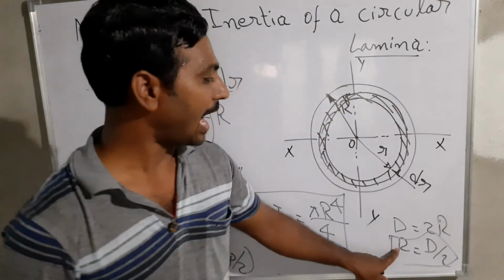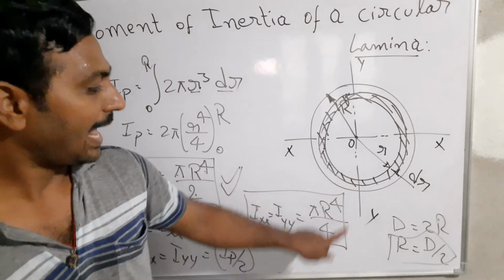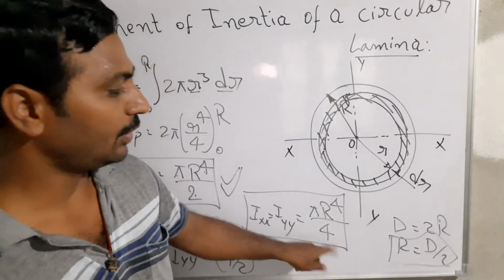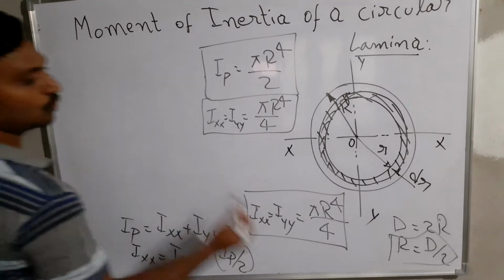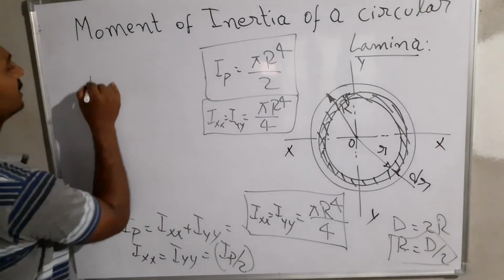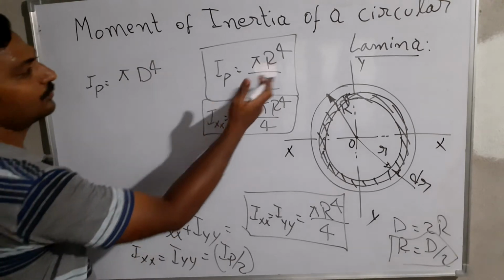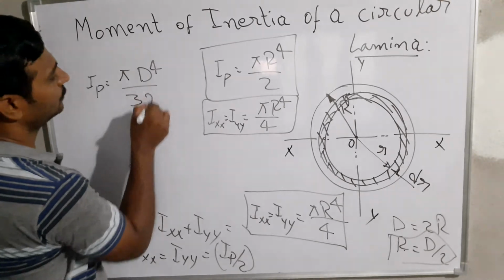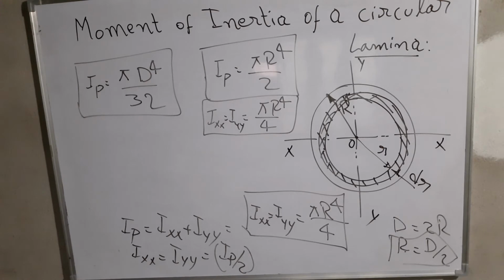Substituting r is equal to d by 2, the polar moment of inertia Ip is equal to pi into d to the power of 4, and 2 into 16 gives 32. So this way we calculate the polar moment of inertia.